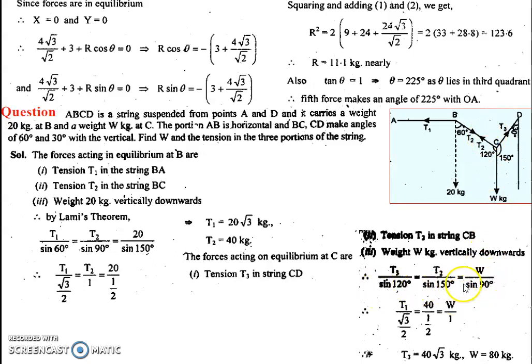So I put these angles. If you find any difficulty, you can ask again and again. Putting these values, we got T3 equal to 40 root 3 kg and W equal to 80 kg.